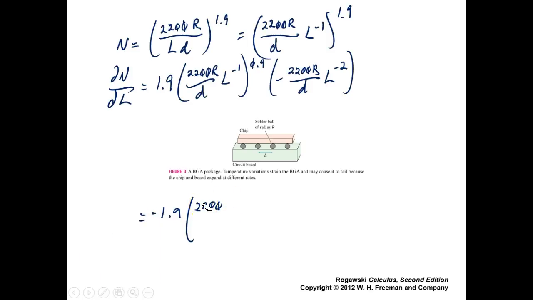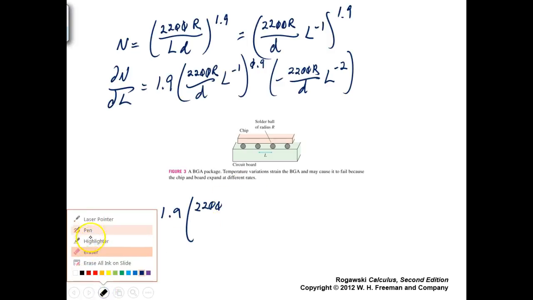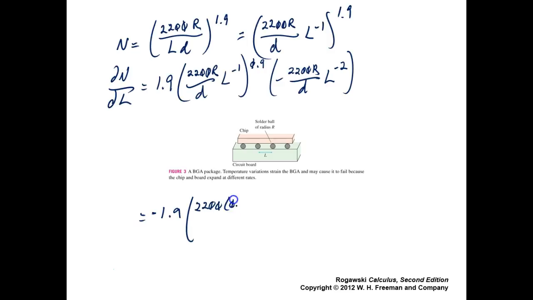The R here was 0.12 over D was 10. Okay, I'll get rid of that real quickly.